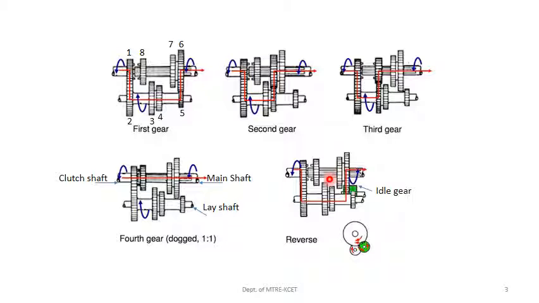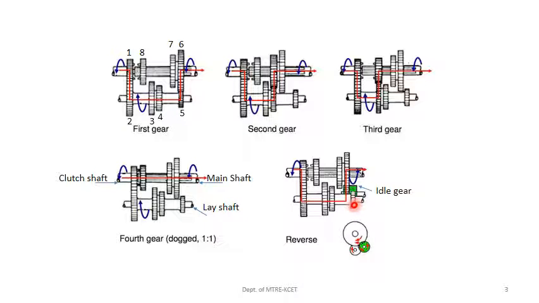The driver moves the gear lever from the neutral position to the reverse gear position. The idler gear is connected in between the number 6 gear in the main shaft and, at the same time, the number 5 gear of the lay shaft.